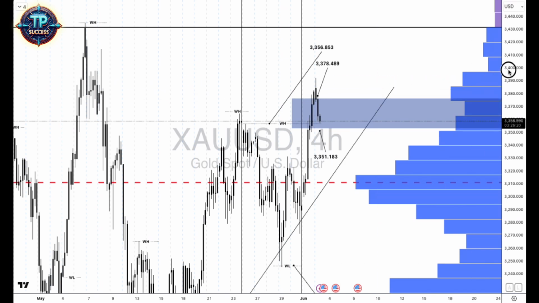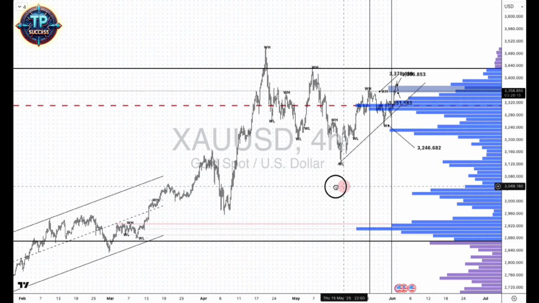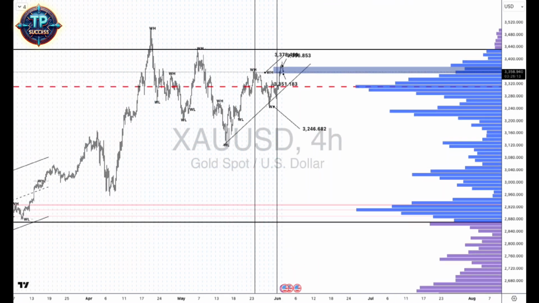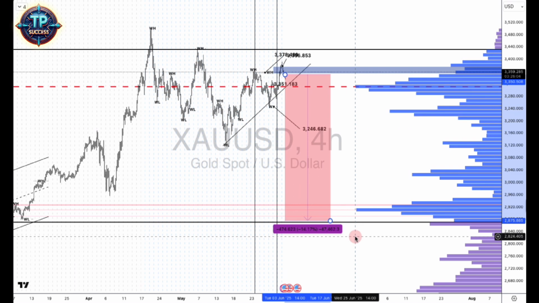At the same time, let's see what kind of move we could get from, how much we could get from down here. So we'll be looking at, say, 474 pips to the downside, a 14% drop, if price moves in the way that we kind of want it to. And this might take a good couple days, maybe about a week or two, for it to fulfill itself, right?